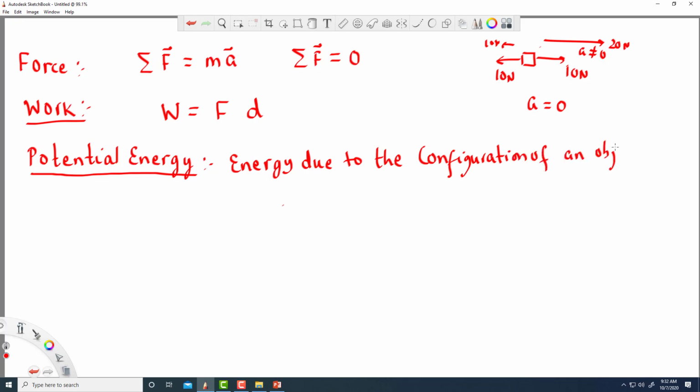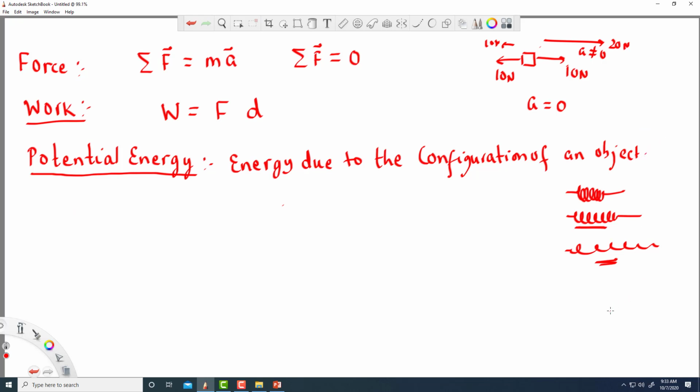For example, if I have a spring and I stretch the spring, I change the configuration, so it has potential energy. Or if I compress the spring, I change the configuration, so it has potential energy. In equilibrium, in normal condition, it doesn't have any potential energy. But I need to change the configuration to have potential energy in the object.